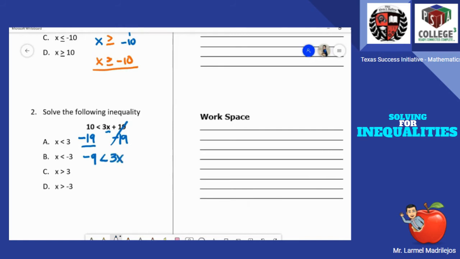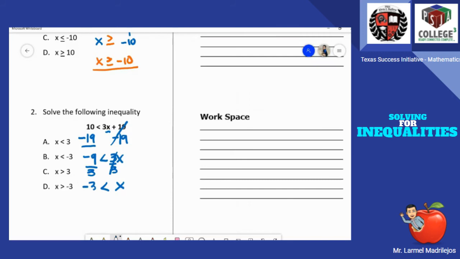Now 3x is 3 times x. So the inverse of multiplying is dividing. I need to divide this by 3 on both sides of the equation. So this cancels out, gives me 1x or x less than negative 9 over 3. Negative 9 divided by 3 is negative 3.